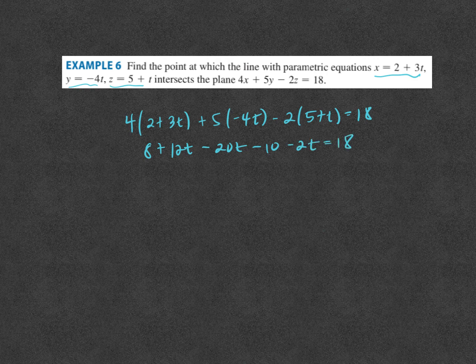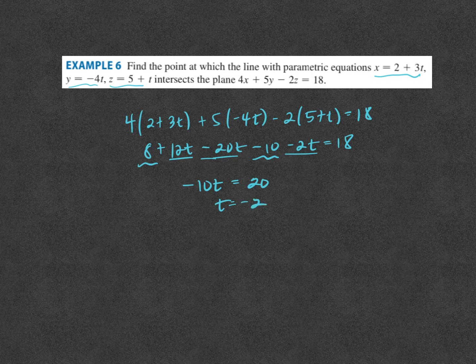So let's collect and combine like terms. I have 12t minus 20t minus 2t makes -10t. And then I have 8 minus 10 makes -2. Added to the other side makes 20. So t equals -2.